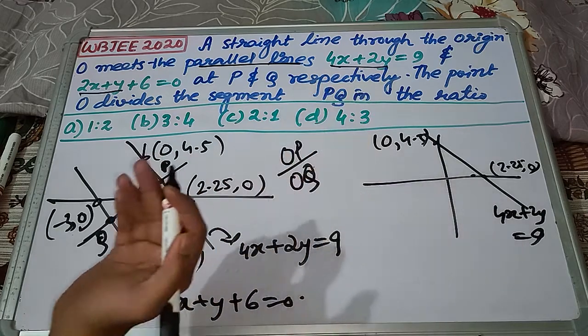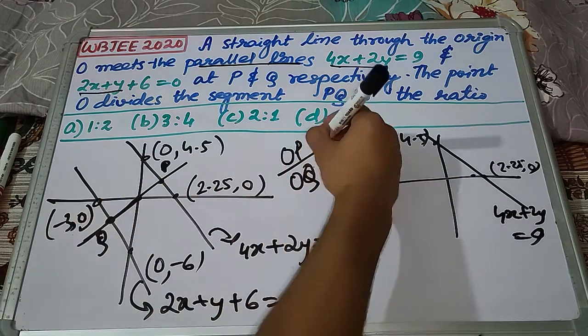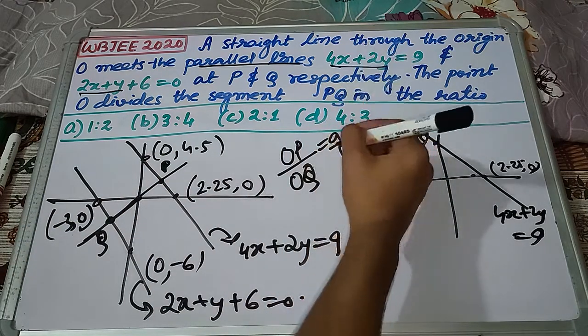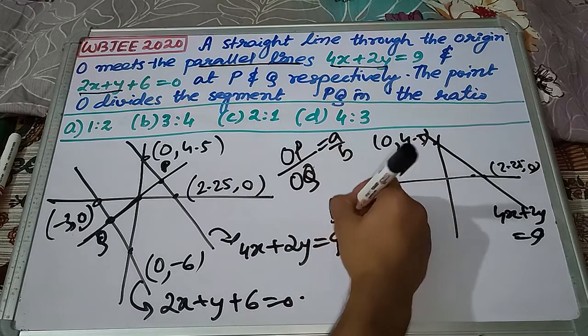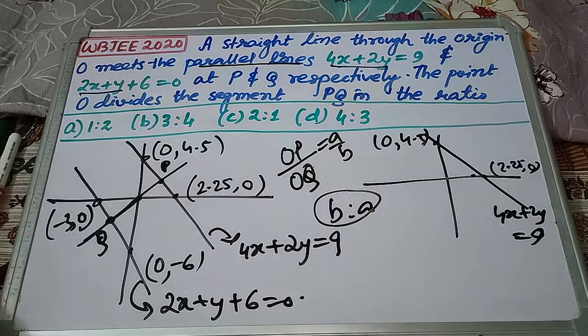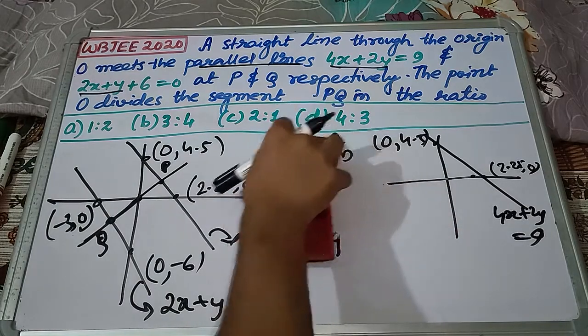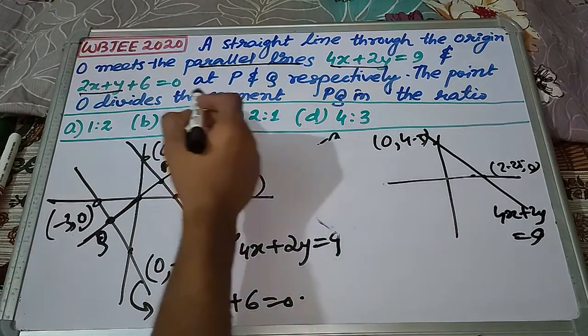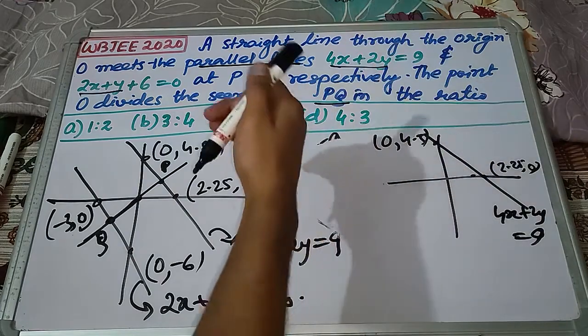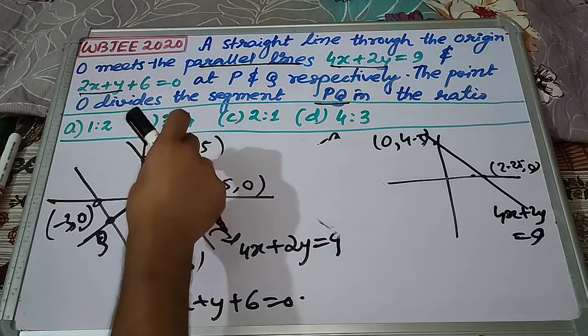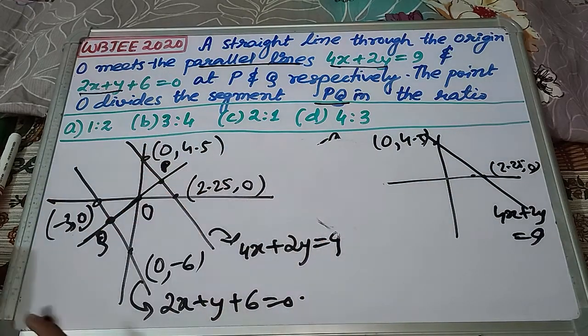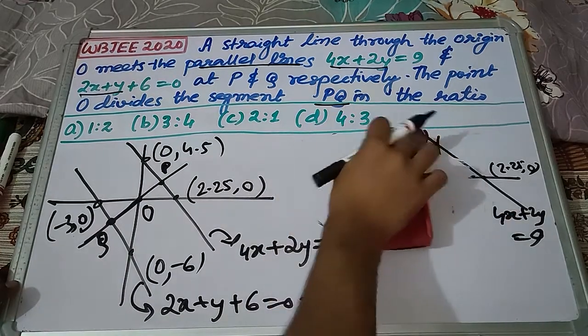This order is very important because suppose you get the answer as A by B, and if you mark the answer B is to A, then your answer is completely wrong. Therefore, the order is very important. And what is the order? The point O divides the line segment PQ in the ratio OP is to OQ. So now let us find OP and OQ.